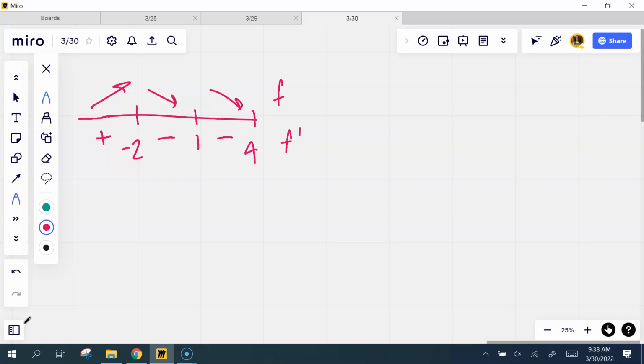So because from negative to positive at x equals -2. Correct, because this is the derivative graph. Correct me if I'm wrong, the slope is decreasing on this.